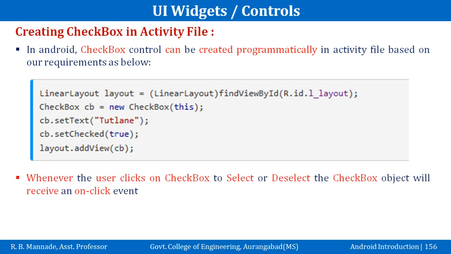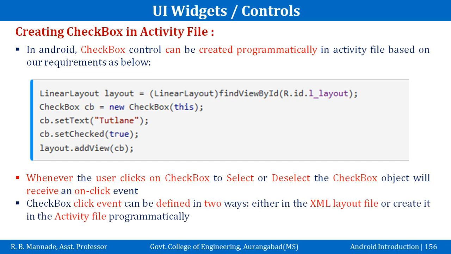Whenever the user clicks on a checkbox to select or deselect it, the checkbox object will receive an on-click event. It means on-click is the event listener for this checkbox control, and whenever the user checks or unchecks a particular checkbox control, the checkbox object will receive an on-click event, right?